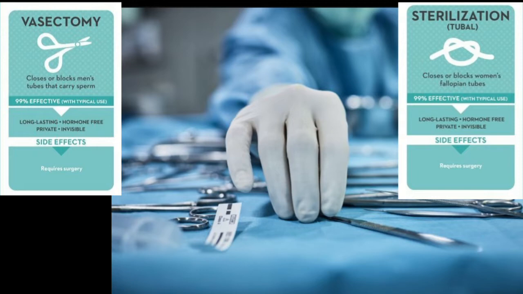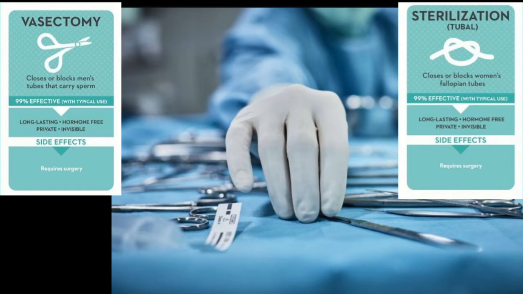They will cut off the tube that carries the sperm, and it is 99% effective, and it lasts long. Both the woman that has the fallopian tube cut off and the man that has the tube that carries the sperm cut off require surgery, and this lasts till the man and the woman die, or except it takes the grace of God for this family to have another child. It can only be God.